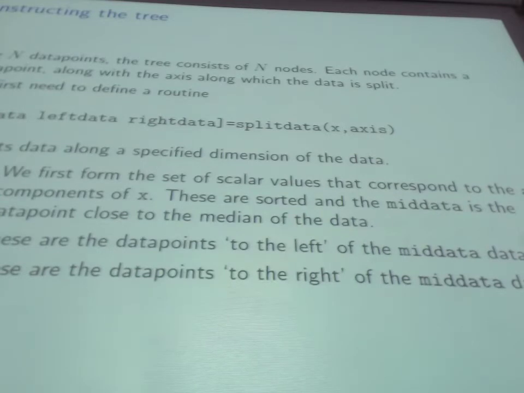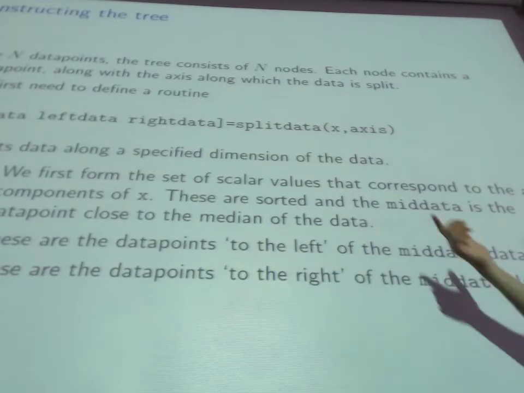So we will define the data point, we'll define the dimension along which we're going to split the data, and it will tell us effectively which data is to the left and which is to the right.